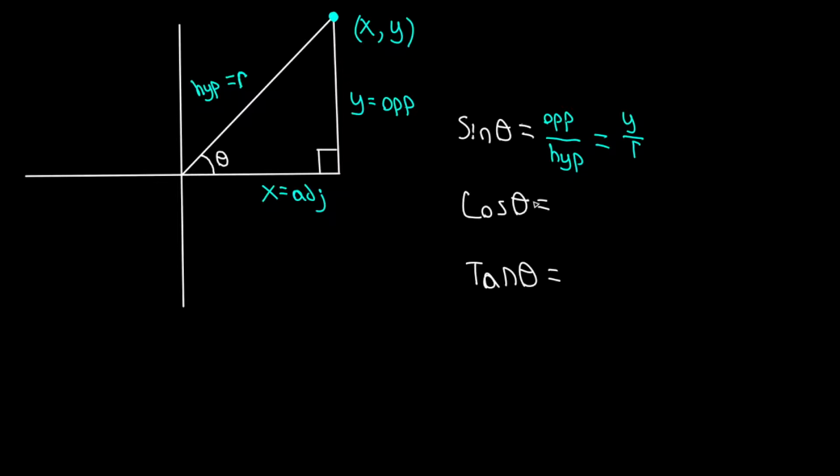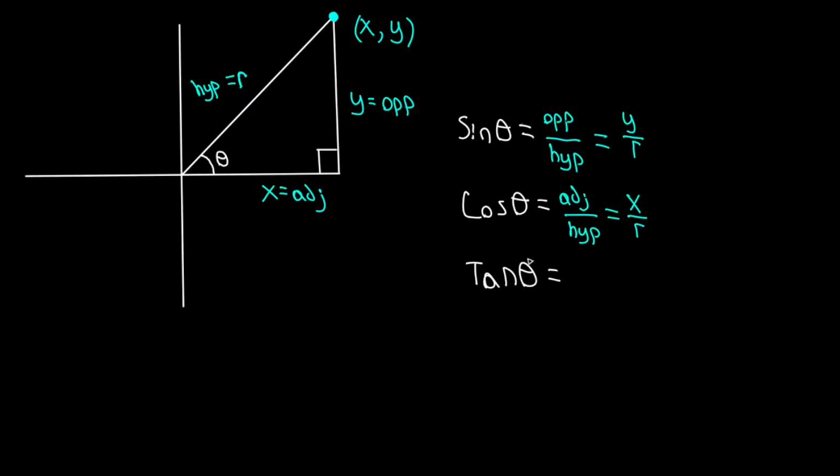Now cosine is adjacent over our hypotenuse. So it is our x over r.